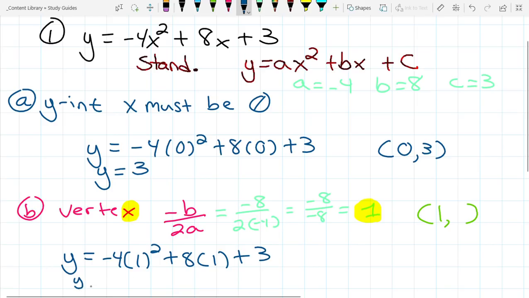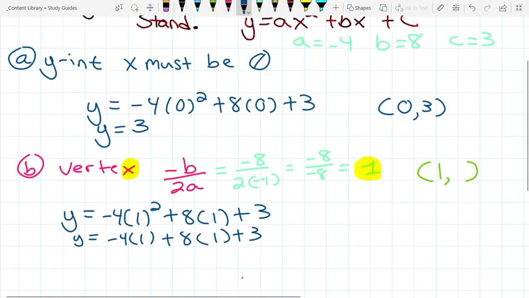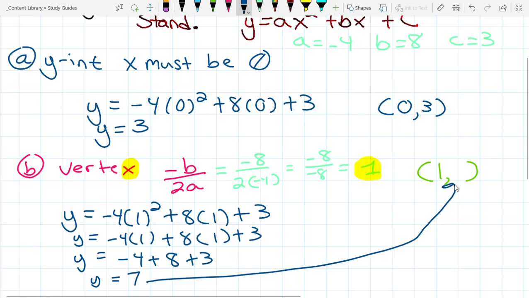Remember, we've got to do the order of operations, so we do 1 squared first, which is 1. So you have negative 4 times 1 plus 8 times 1 plus 3. Now we can do the multiplication. So we get negative 4 plus 8 plus 3, which gives us a positive 7. So now we have the y value of the vertex. It is a positive 7.